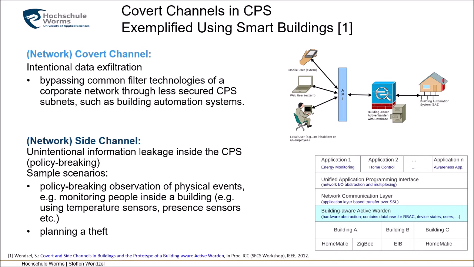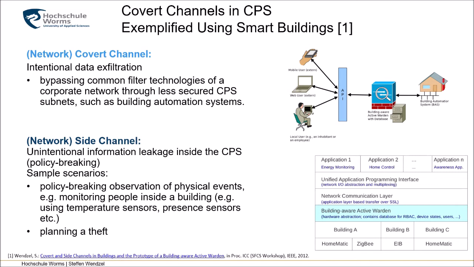So in the paper that I linked below, I explained, to the best of my knowledge for the first time, because I just did not find any work that deals with this topic before, how, especially for building automation CPS, one can prevent that.